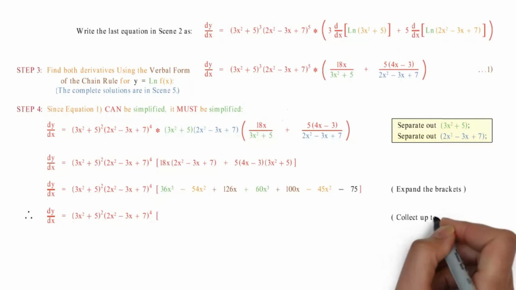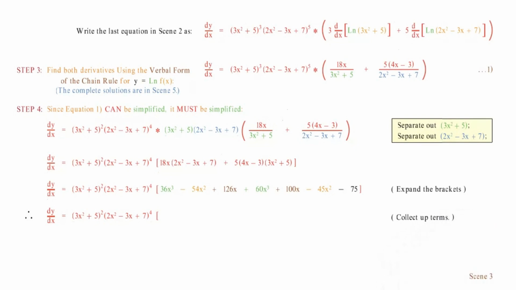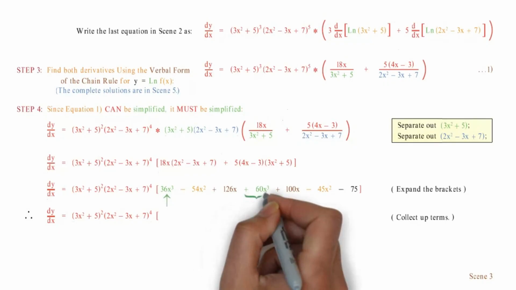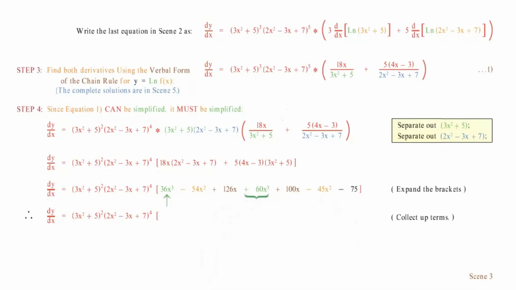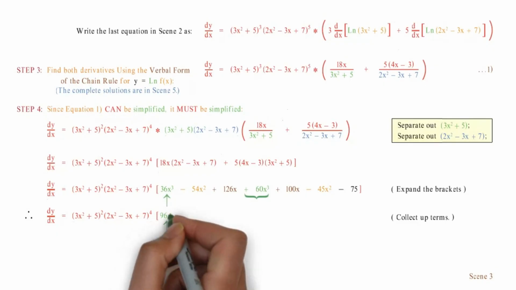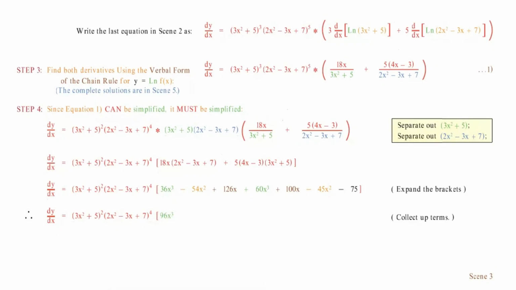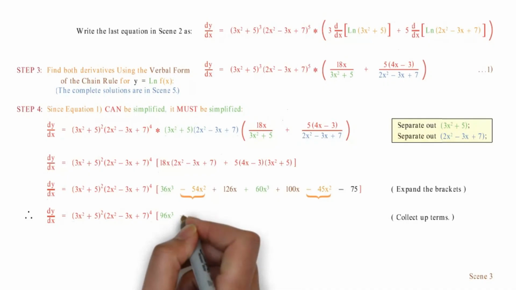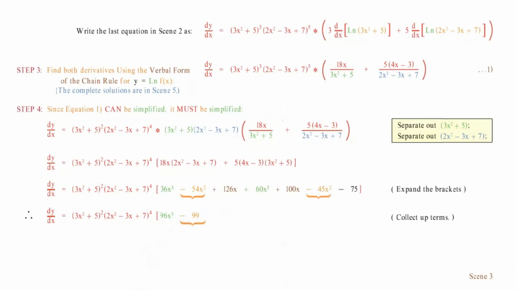Collect up terms. 36x cubed plus 60x cubed is 96x cubed. Minus 54x squared minus 45x squared is minus 99x squared.